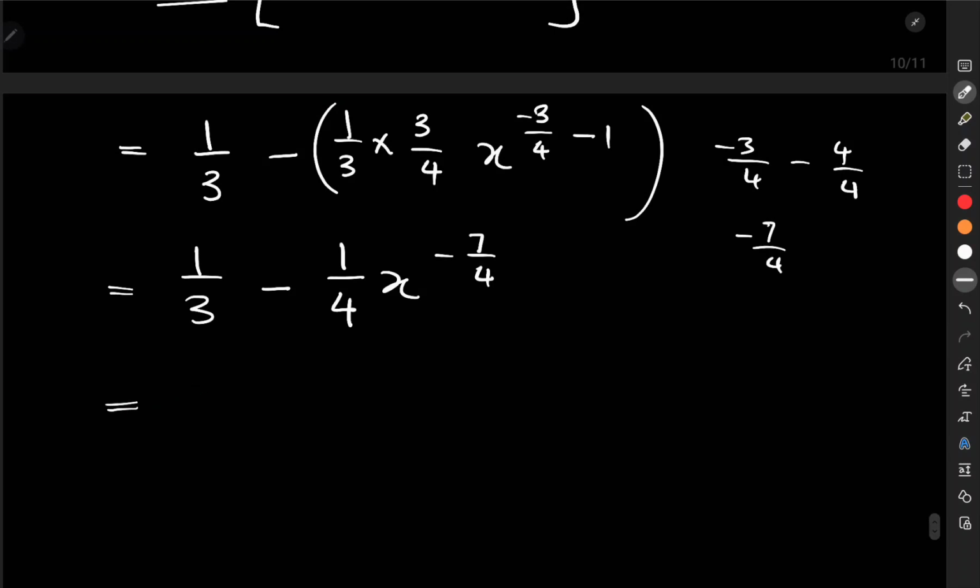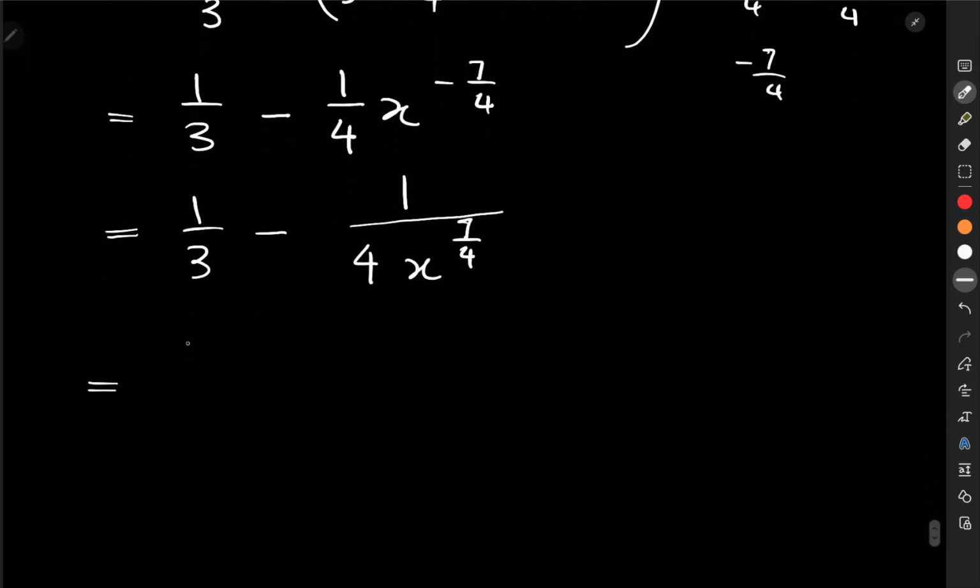So to simplify this, we have 1 over 3 minus 1 over 4. And then we're going to take the negative exponent to the denominator to make it positive. And what we're going to have is x to the power of 7 over 4.